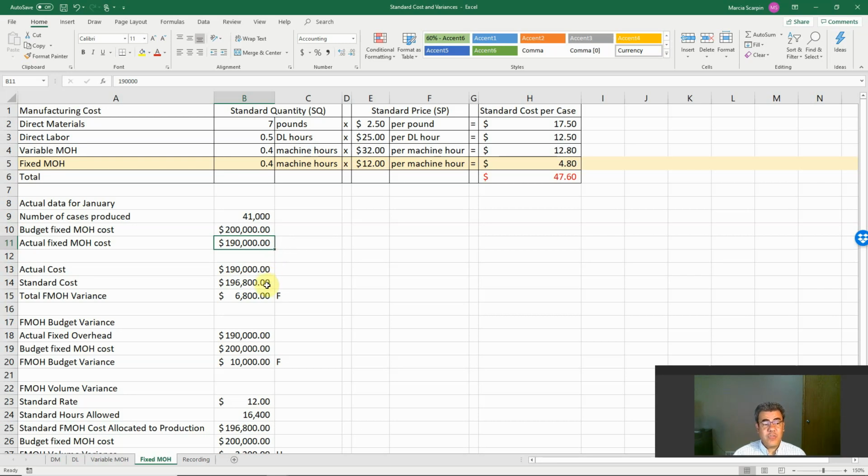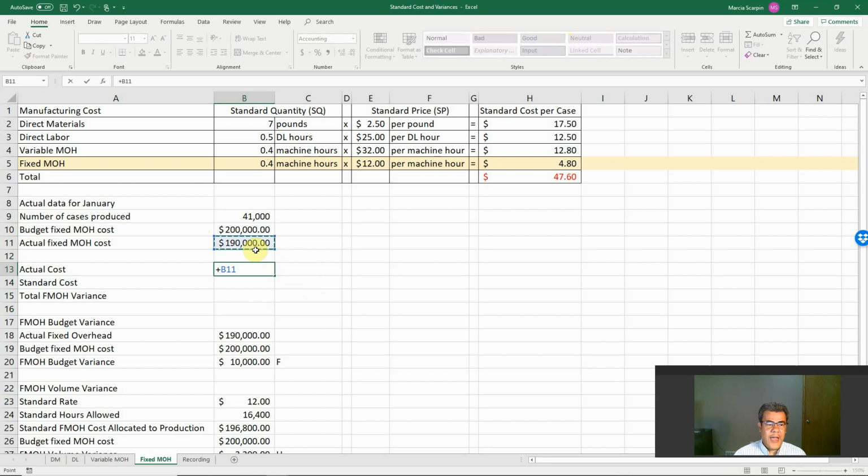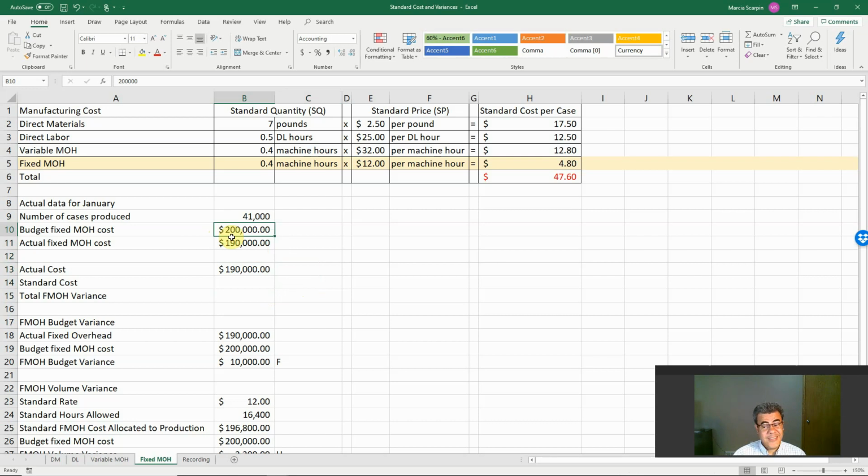So how do we find the total actual costs? Okay, let's do it together. The actual cost 190. How much is our standard cost? Our standard cost is not our budget. This is budget here, standard cost there. Our standard cost will be 4.8 times 41.